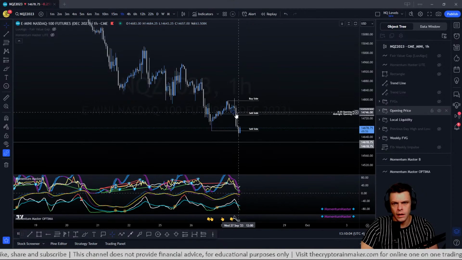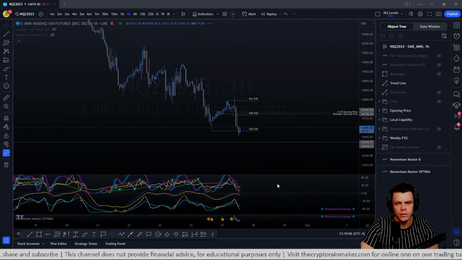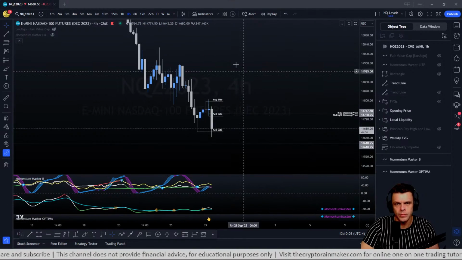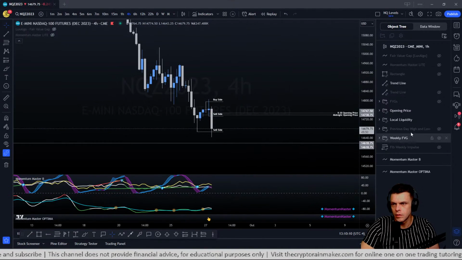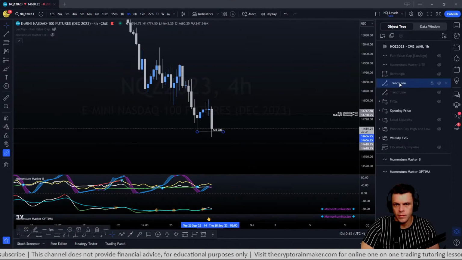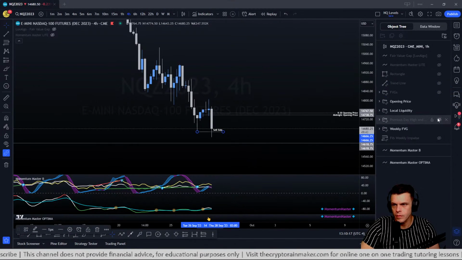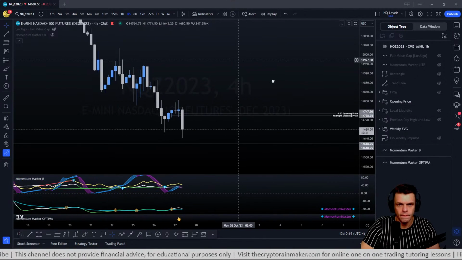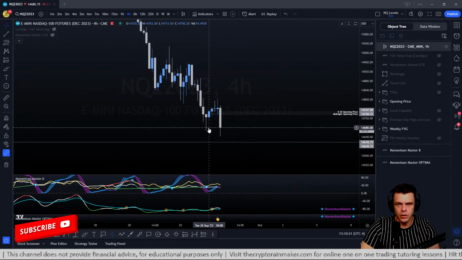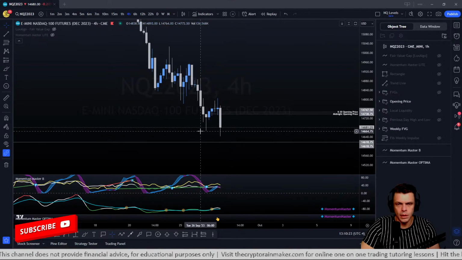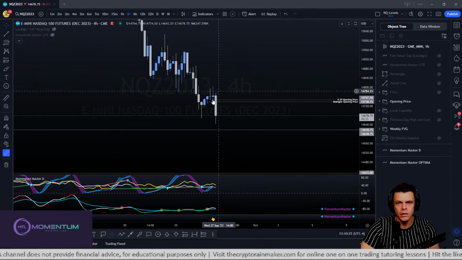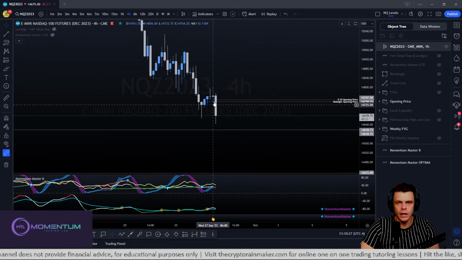There's not really any imbalances on the 1 hour. Go back to the 4 hour. Okay, so it looks like the 4 hour basically displaced below this low. So it is starting to create an imbalance.